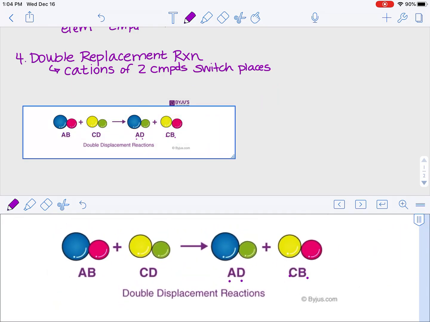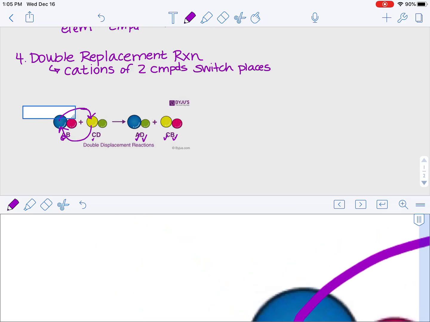Looking at it, in AB the cation is A. That's going to switch places with the cation from compound CD, the C. And looking over here, A is now with D. It took the place of the C. The second replacement, hence double replacement, is that cation C takes the place of the A. So now C is with B. In a double replacement, the cations of the two compounds switch places.